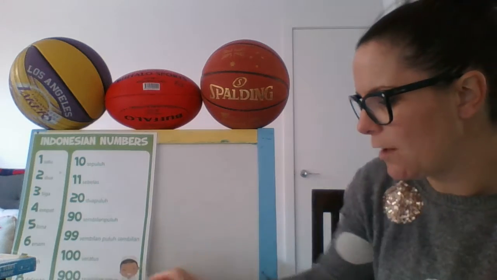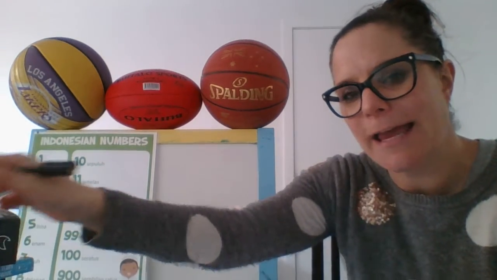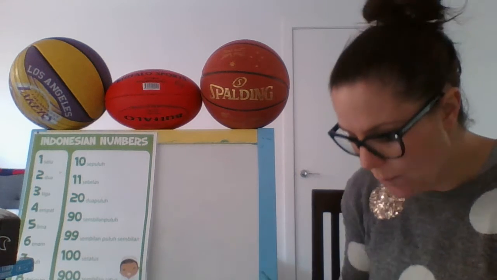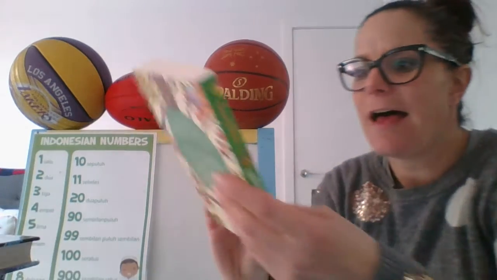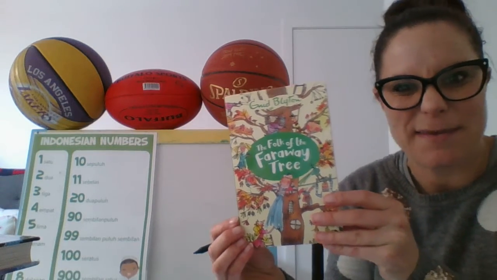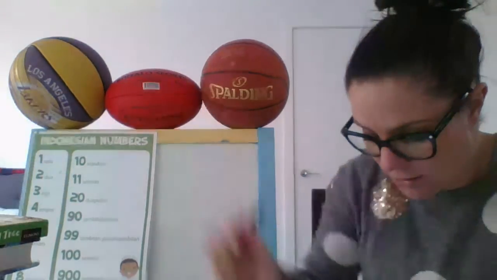Can you remember what word we used when we said we change a colour to dark? Tua, that's right. So to write dark blue, I write biru tua. Okay, and the next book that I'm coming to has a bit of green and a bit of yellow. So I would say this is maybe a yellow and green book. So I'm going to write kuning dan hijau.